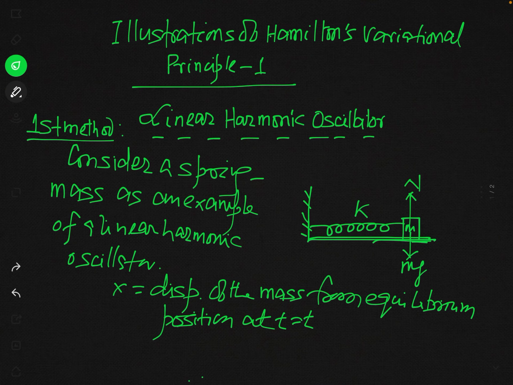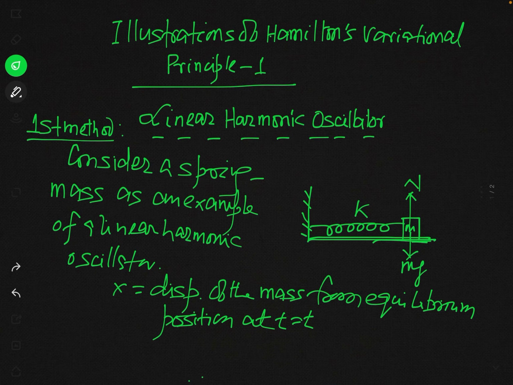As you know, this system has two parts. One part is a spring and another is the mass. Since the spring is massless, it will have no kinetic energy. So kinetic energy will be only in this mass, and that will be the total kinetic energy of this system.